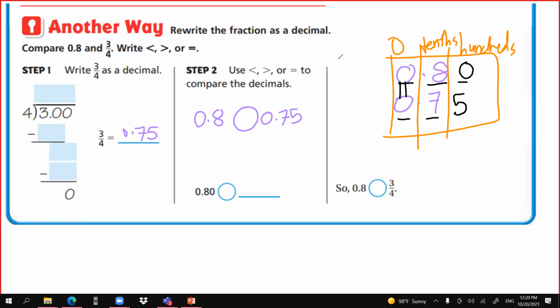The 8, bravo. So this is the greater. So that means 0.80 is greater than 0.75. So 0.8 is greater than 3/4. Is it clear? Okay.